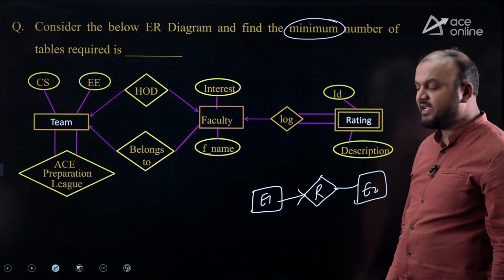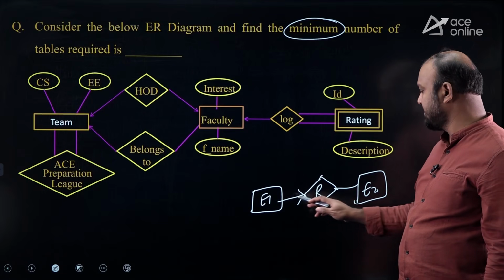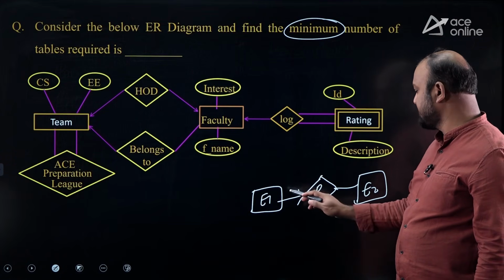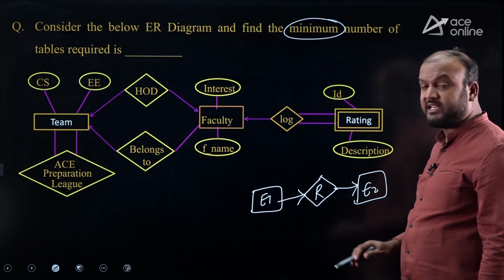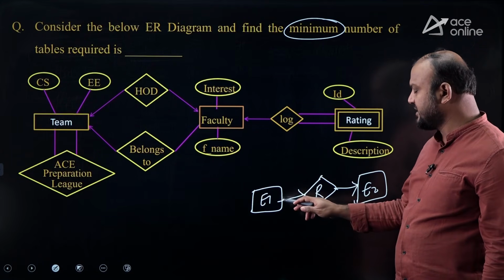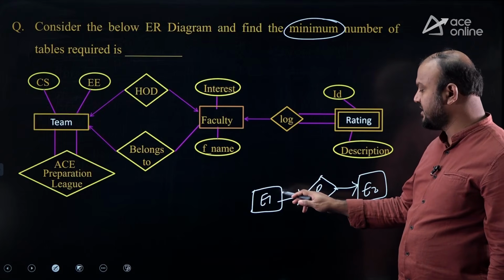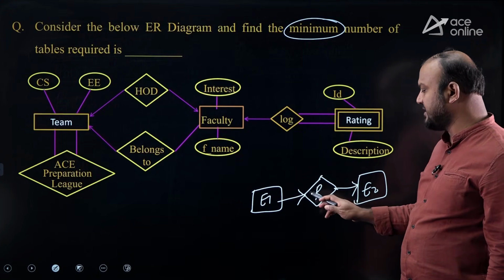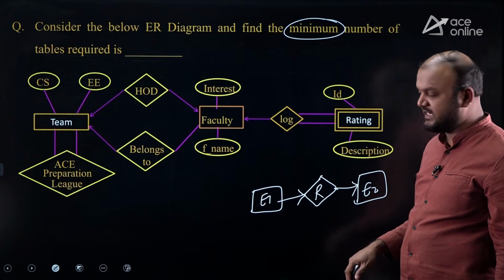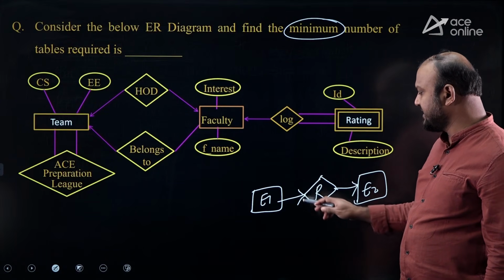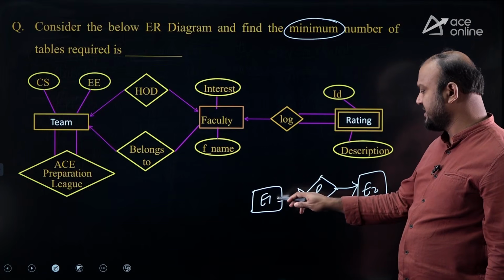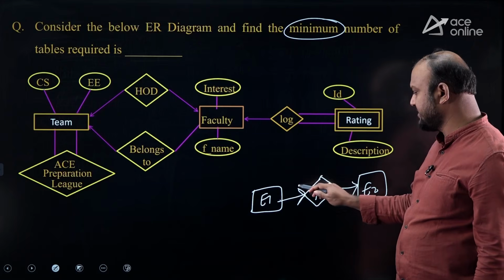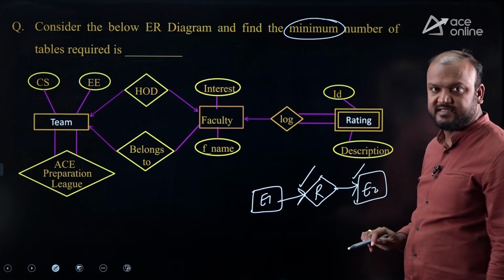One way of showing this notation is E1 to R, another notation is E1 to E2, both are the same. It means E1 is participating with E2 through R with at most one relationship. So in the case of at most one relationship, we can show E1 to R or E1 to E2, either this arrow or this arrow.